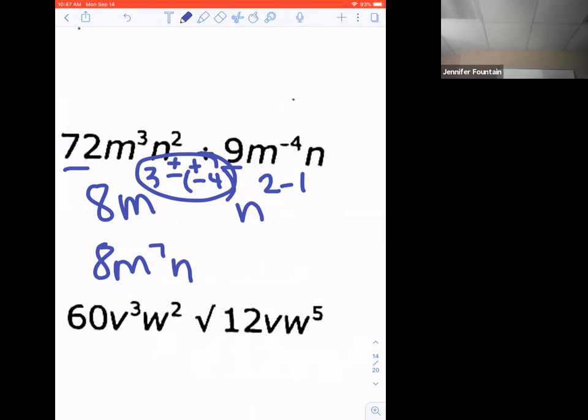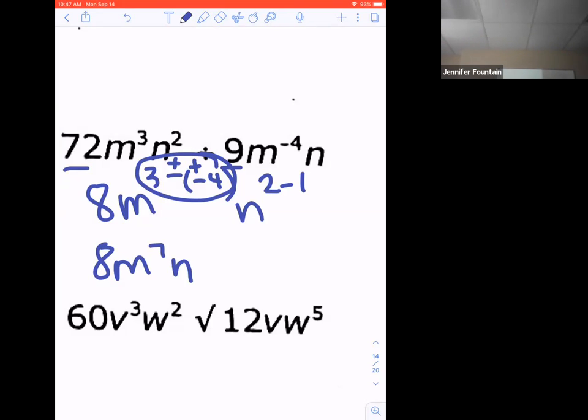All right, the last column, 189d to the 9th, e to the 8th. 378k to the negative 3rd, m to the negative 1st. 7c to the 18th. 9hi.